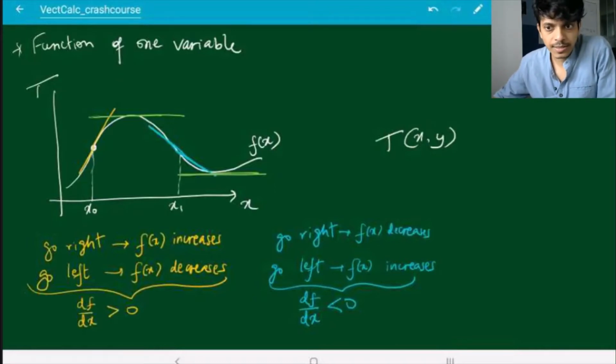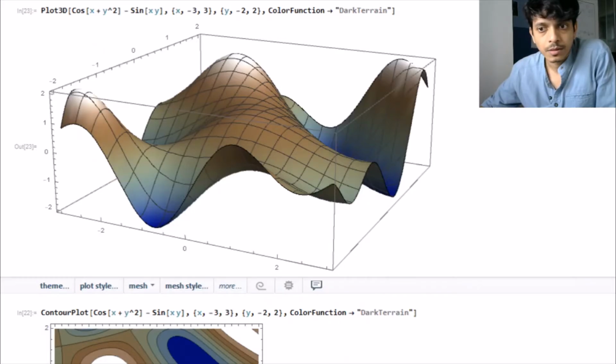So let's look at a graph that I have plotted. This is a plot that I have made in Mathematica. The function is given by this over here, cosine of x plus y square minus sine of xy. It doesn't matter what the function is, but that is my f of x, y, and I have plotted it over here.